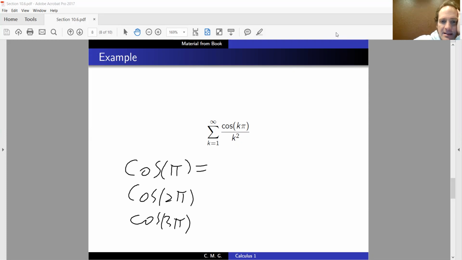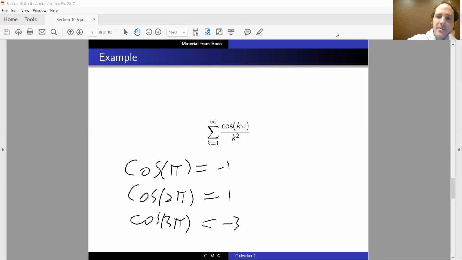So cosine of pi is -1, cosine of 2 pi is +1, cosine of 3 pi is -1. So any odd k inside there makes it negative, any even k inside there makes it positive. So this is an alternating series, and the sign comes in with the cosine of k pi.